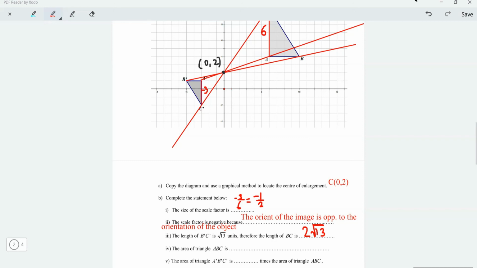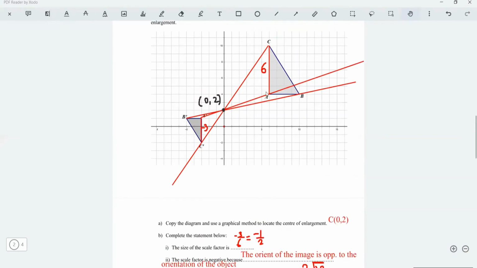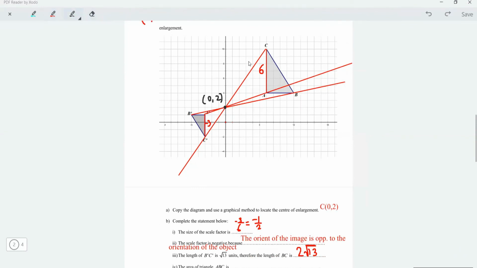Now, if you don't believe me, look at it. See BC here, a half of the distance of this right here. So it's 2 root 13. Let's say you don't believe me and you want to work it out. Then you come to the triangle and you realize that this is the opposite. Adjacent AB is 1, 2, 3, 4. And so you can use Pythagoras' theorem to find out what is BC by saying BC is the square root of 6 squared plus 4 squared.